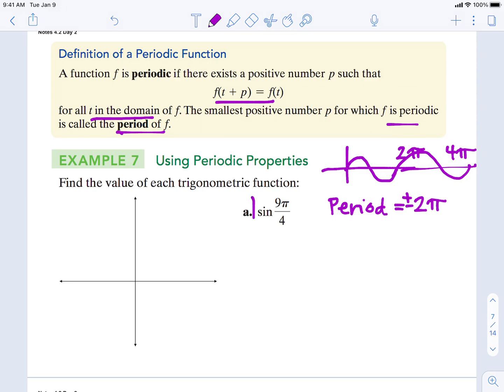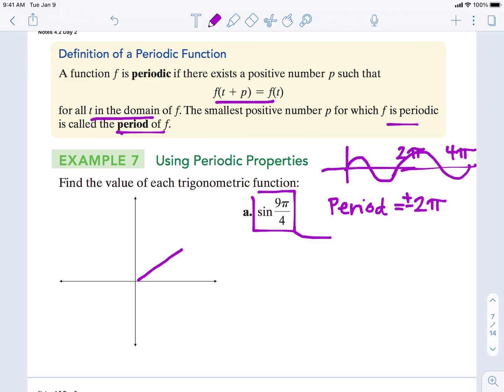So what we can do is we can say that this sine of 9 pi over 4 does have coterminal angles that we can find the exact value. So we're going to find the coterminal angle to 9 pi over 4.